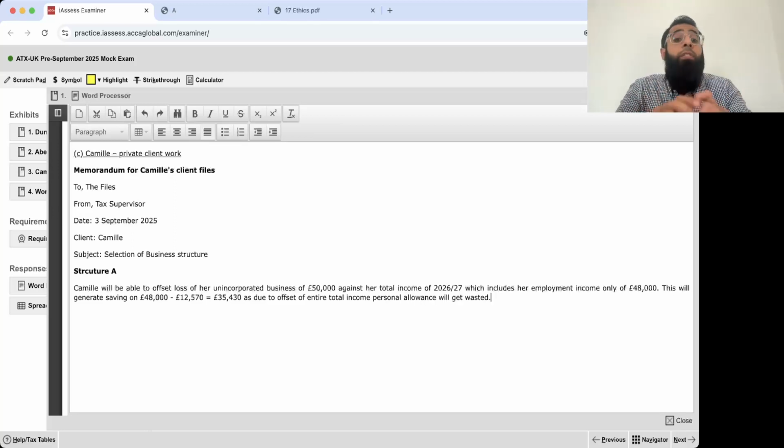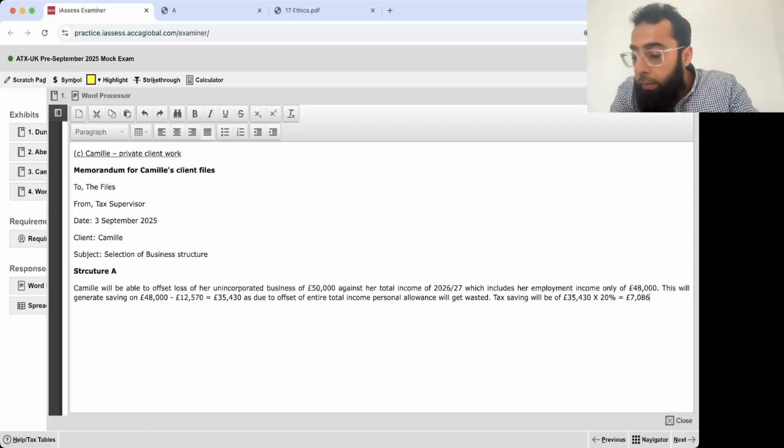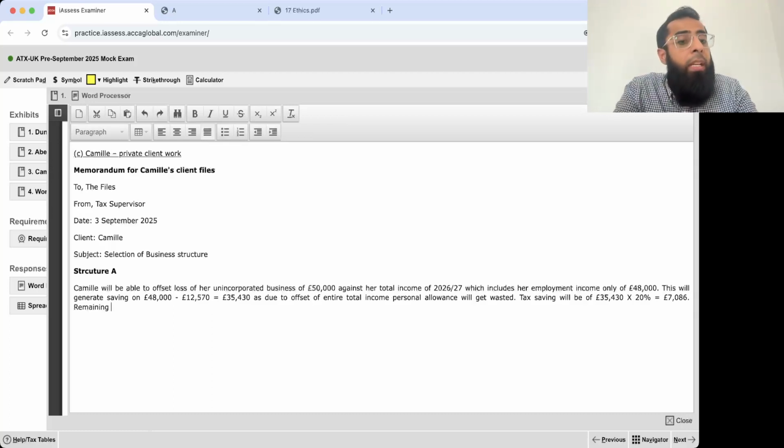See, the loss relief is always against the total income, but the saving which you get is on the net amount, because the personal allowance getting wasted is also your wastage, also your loss. So the tax saving will be 35,430 into 20%, since it lies in the basic rate band, 7,086.